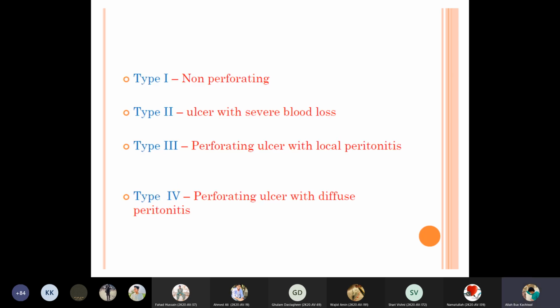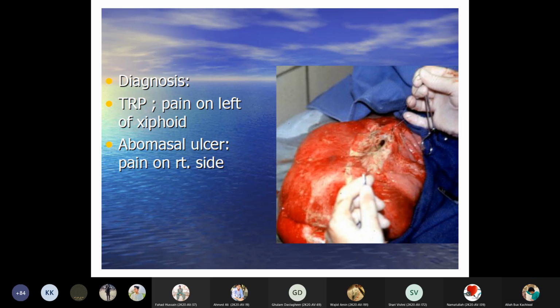Type 1 is non-perforating, type 2 is ulcers with severe blood loss, type 3 is a perforating ulcer with local peritonitis, type 4 is a perforating ulcer with diffuse peritonitis. So the diagnosis: temperature, respiration, pulse, pain on the left of the xiphoid in abomasal ulcers, pain on the right side due to abomasal ulcers.